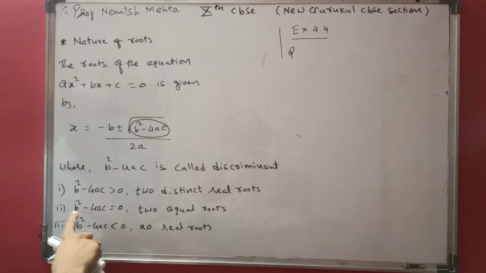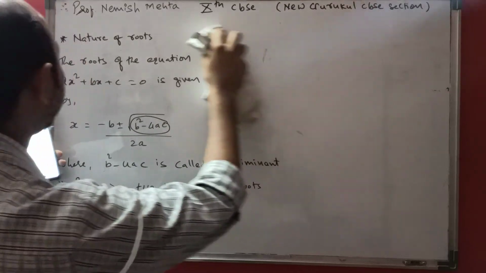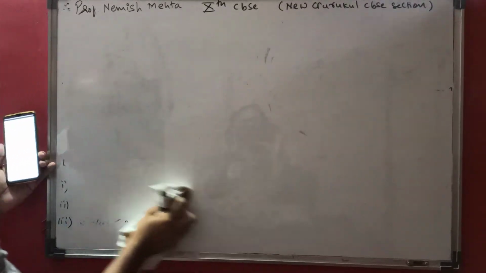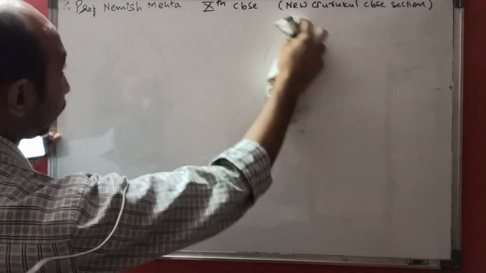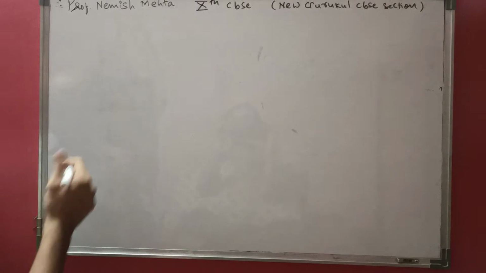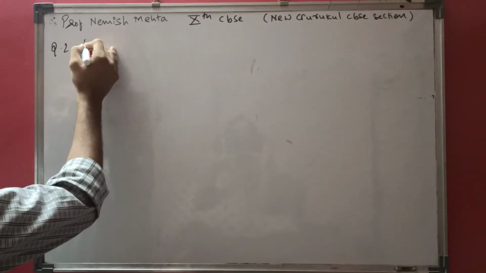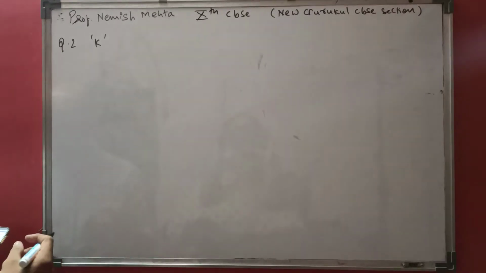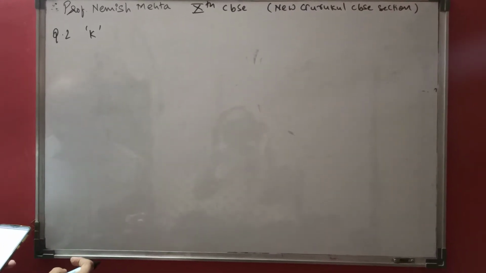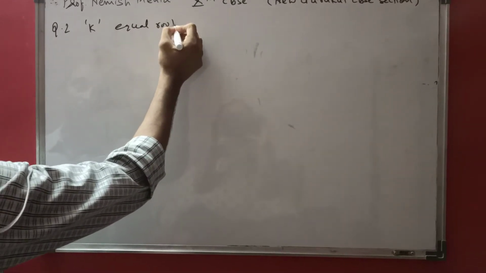For equal roots, b square minus 4ac should be equals to 0. Now I am removing this. To solve question number 2, we should know. Question number 2. Find k for which the following equation have equal roots.